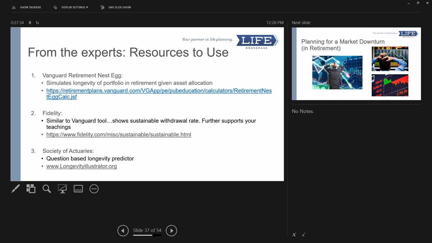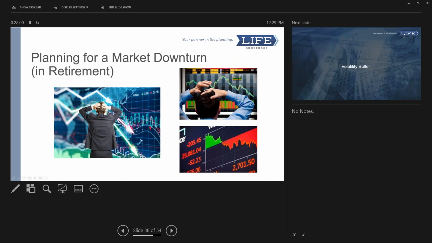And lastly, what's really important is the longevity illustrator put out by the Society of Actuaries. It asks some basic lifestyle questions like your age, tobacco use, and health, and predicts how long you and your spouse are expected to live, so you can manage that portfolio when you get to the top of the mountain, projecting how many years into retirement you're expected to live.